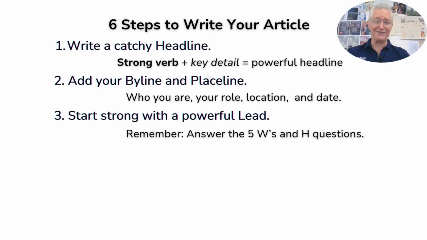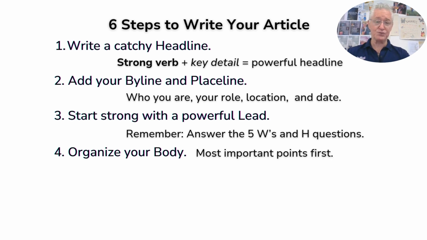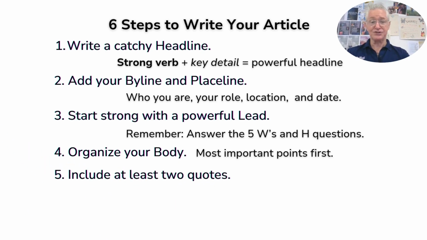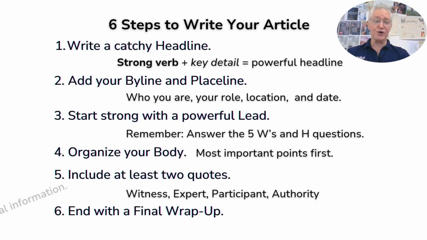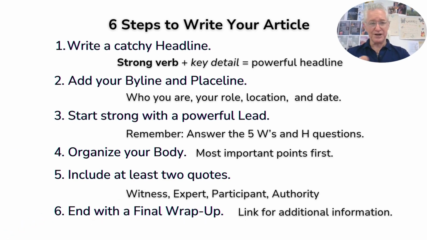Remember to answer the 5 W's and the H. Number 4, organize your body paragraphs with the most important points and information first and details later. Number 5, include at least 2 quotes from witnesses, experts, participants, or authorities, and number 6, end with a final wrap-up which provides the reader or listener with a source of additional information.